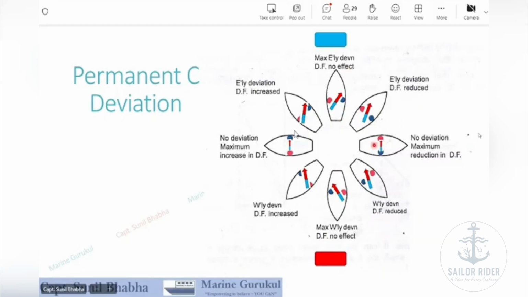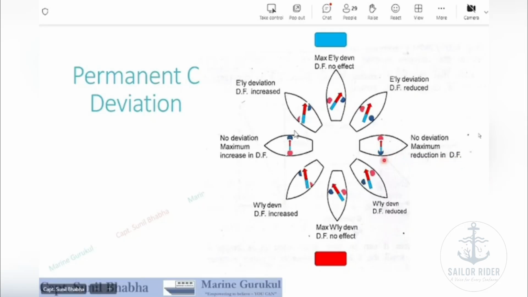Let us take the ship on easterly and westerly heading. On easterly heading, we have the red pole of the ship north of the compass. But north of the compass, we have the blue pole of the Earth. So blue of the Earth and red pole of the ship, since they are of opposite names, there is a reduction in the directive force.